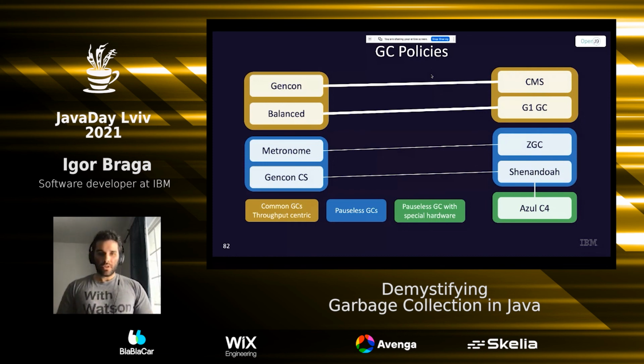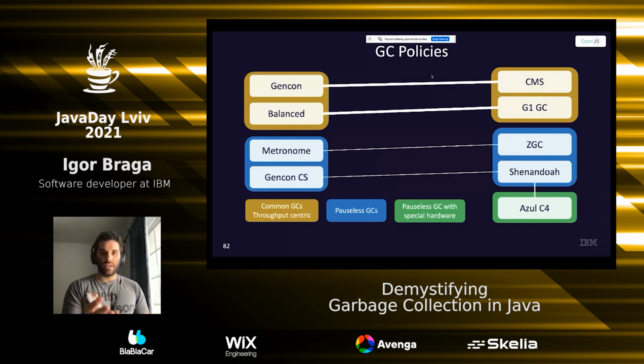And on the blue side there, we have the pauseless GCs. The lines there are a little bit thinner because they share some trends, but they're not really similar to each other. For instance, ZGC and Shenandoah are both region-based.